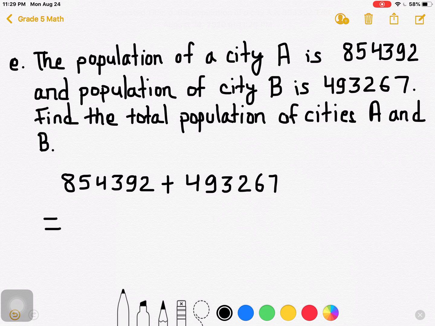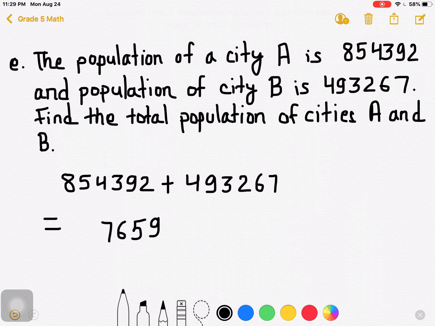If you add, then you are going to get 7 plus 2, that is 9. 9 and 6, that is 15. 5, 1 carry over to another 100 column, that is 3 and 2 plus 1, that is 6. 4 and 3, that is 7.